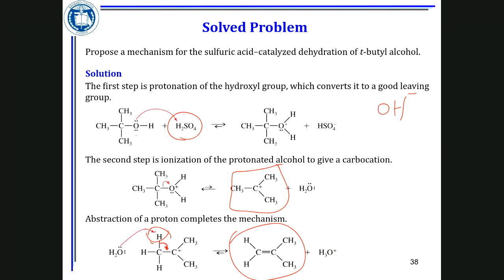Step two, formation of carbocation, and step three is the elimination reaction. And since it involves formation of a carbocation, it's going to be an E1 mechanism, with the possibility of rearrangement as well.